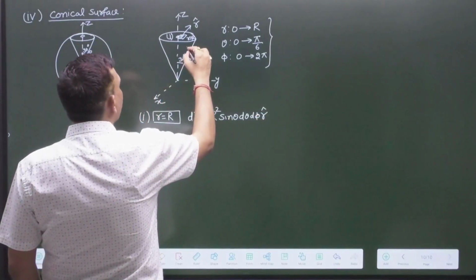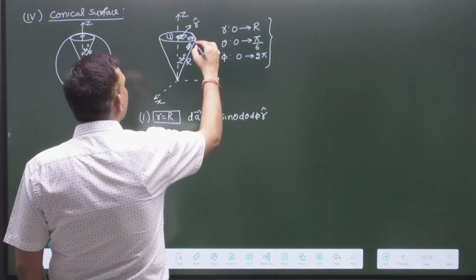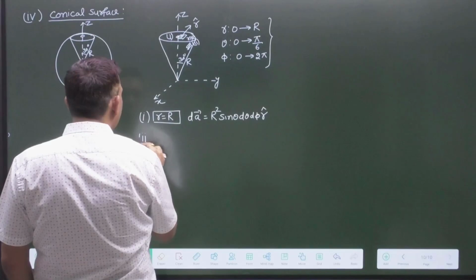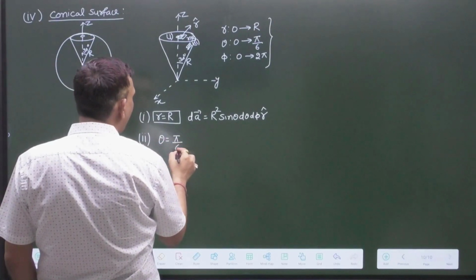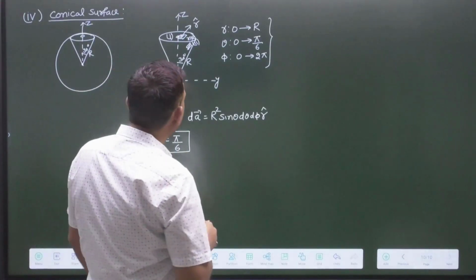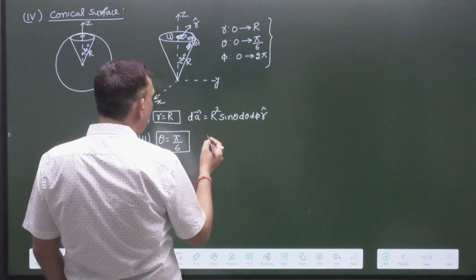Now the second surface is this surface. So what is fixed? Theta is pi by 6. On the conical surface, theta is fixed because 30 degree. So when theta is fixed, what will be variable? R and phi.